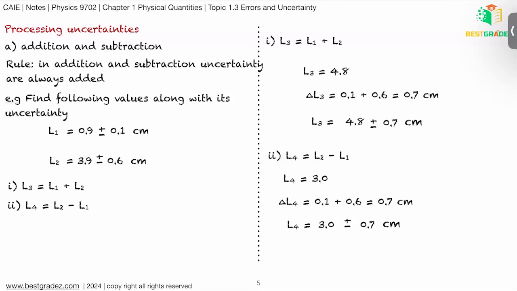This point is clear: whether you're finding the difference or the sum, uncertainties are always added. And this will be used more in temperature change questions, where they'll ask you to find initial and final temperature. So don't subtract the uncertainty in the change. Although the temperatures are subtracted, final from initial, uncertainty will be added.